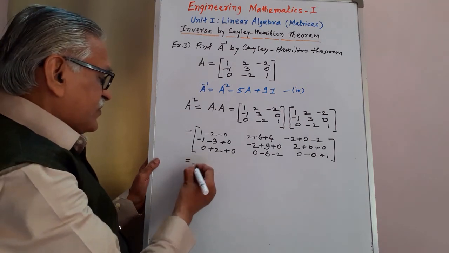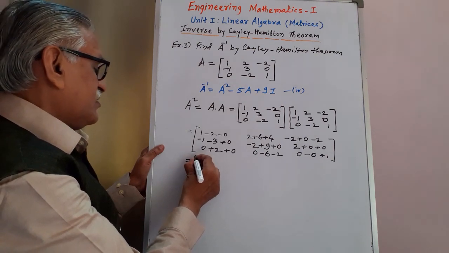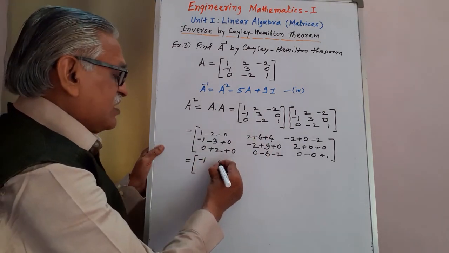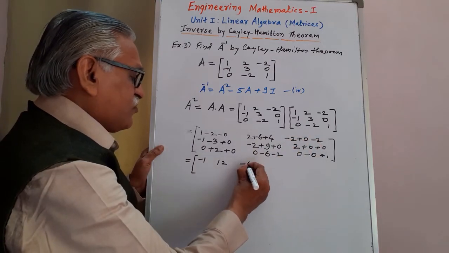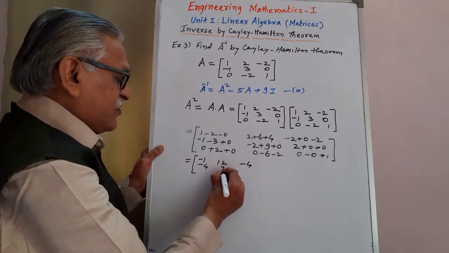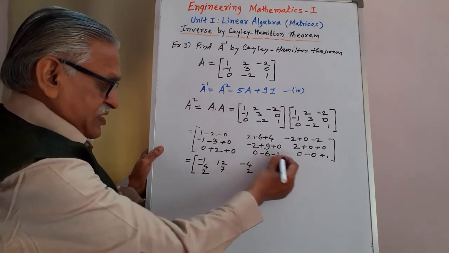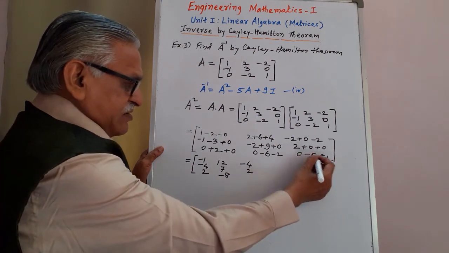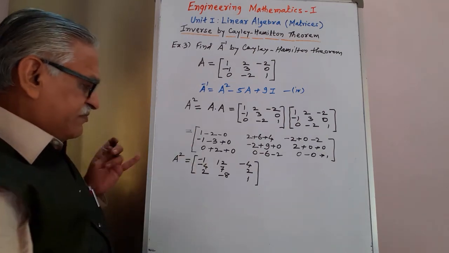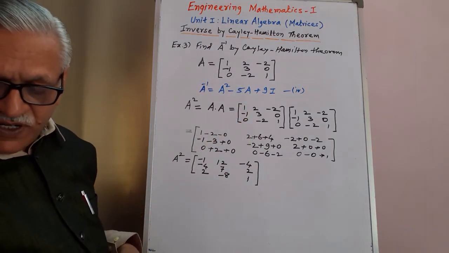And therefore that matrix is 1 minus 2 we get minus 1, 10 plus 2 12, minus 2 minus 2 minus 4, minus 3 minus 1 minus 4, 9 minus 2 we get 7, 2 plus 0 we get 2, 2 plus 0 again 2, minus 6 minus 2 minus 8 and plus 1. Matrix of A square.